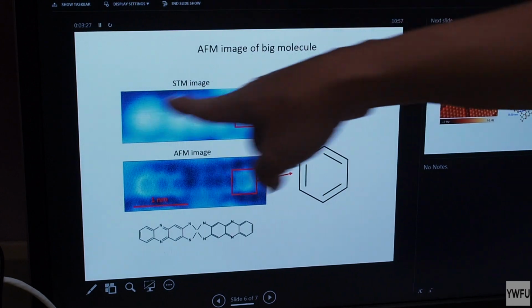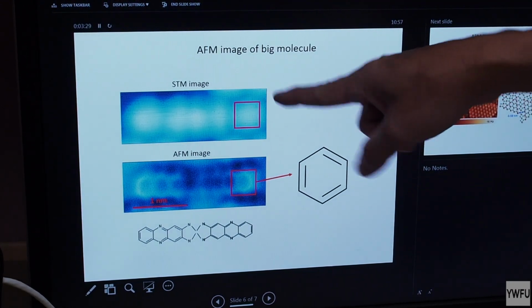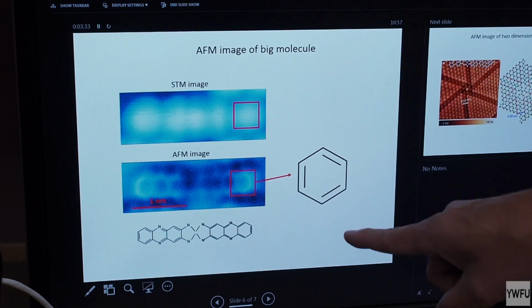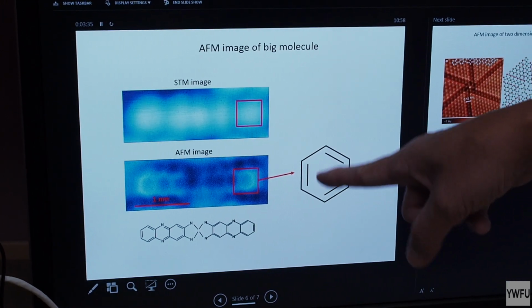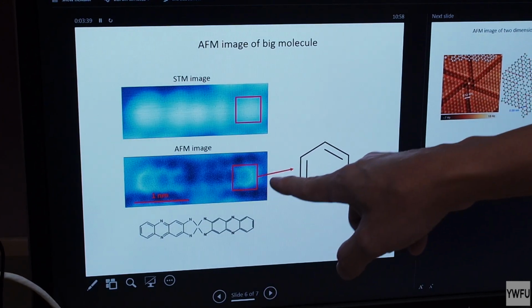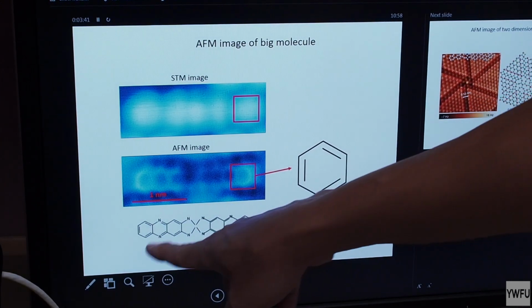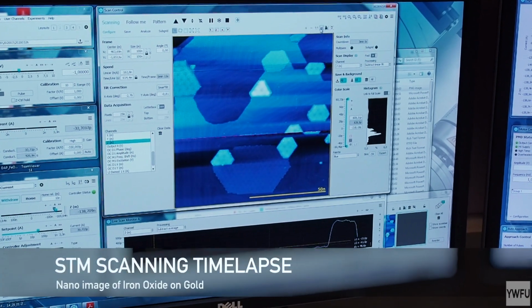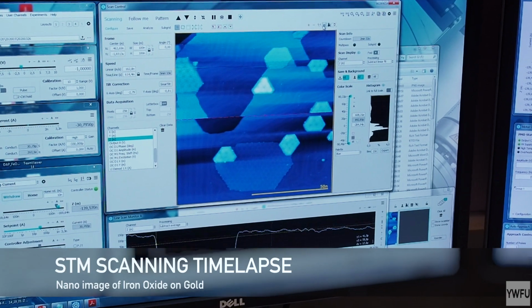Yeah. But it's an STM image, which is an electronic image, but it's not very clearly resolved. And in the AFM technique that we use with the CO molecule, you can actually see very clearly the bonds, as it were, of this molecule. So in terms of resolution, STM will always be not as clear.